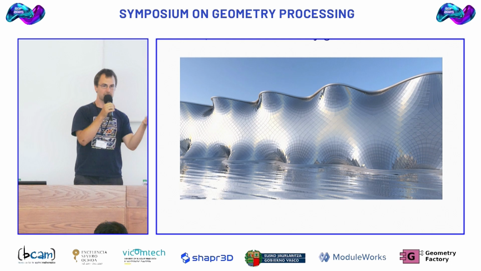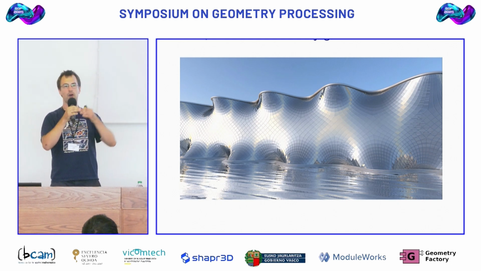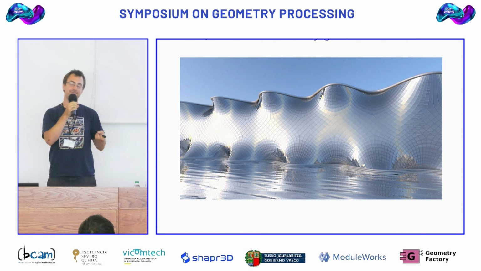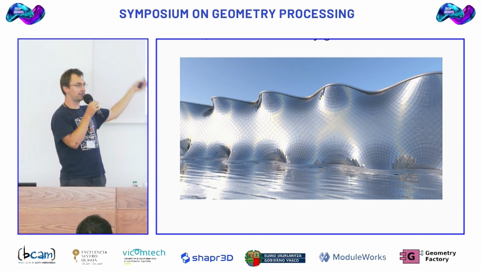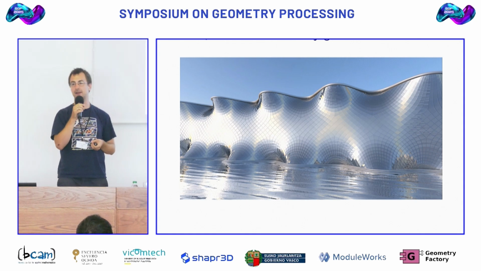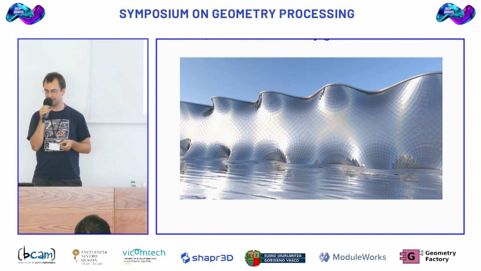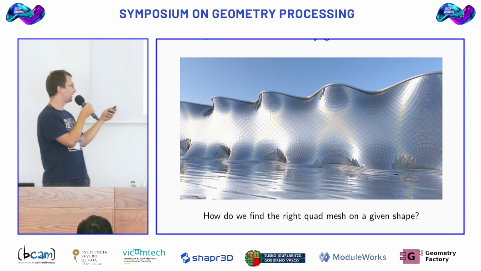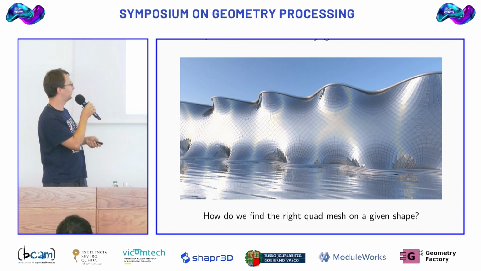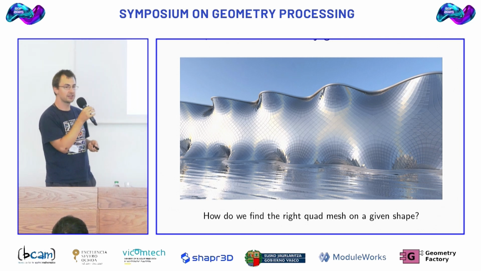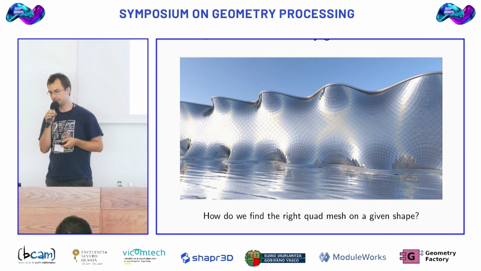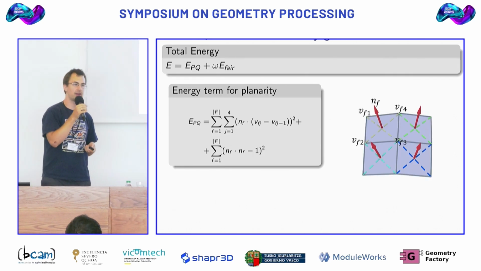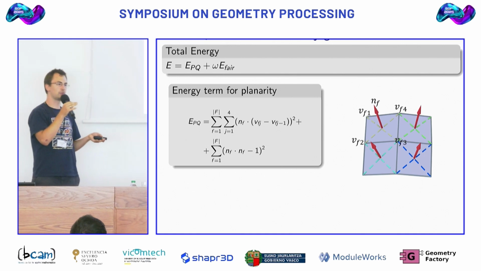And so you are tasked with the challenge to quad remesh this shape with planar faces, because if you want to build it with glass panels, then these glass panels should be planar, otherwise it's going to be super expensive to build. So how can we find the right quads on this shape? So one thing is easy, we can optimize the quads to be planar.